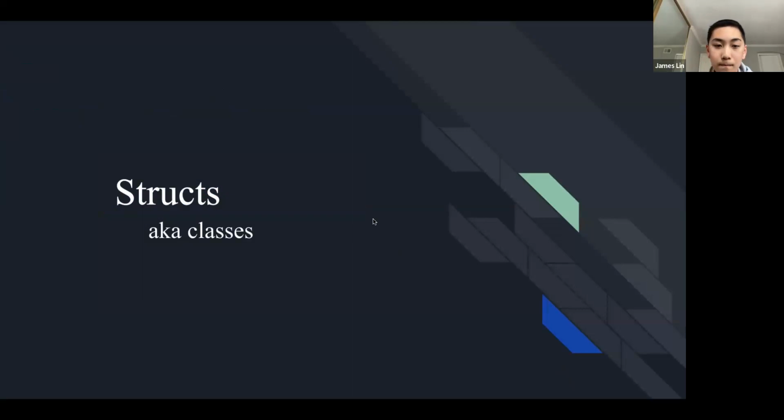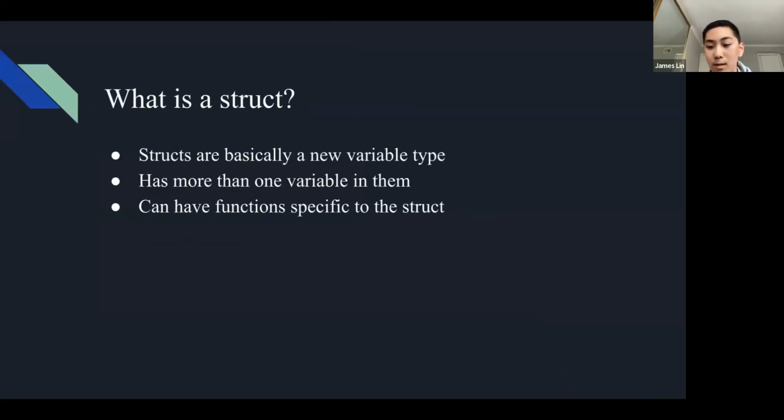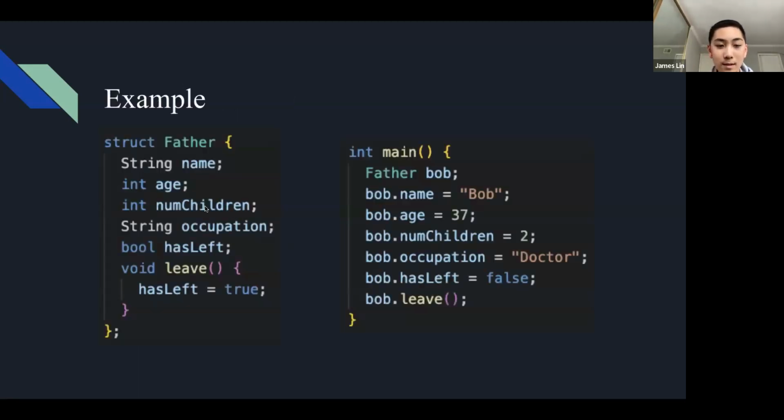Next we have structs, right? These are also called classes. What is a struct? Basically, you can make a new variable type, and it has more than one variable in it. It's like a new variable type, and you can store more variables in them, and they also can have some functions specific to them. So here's an example.